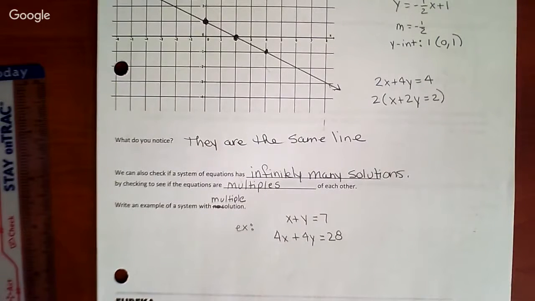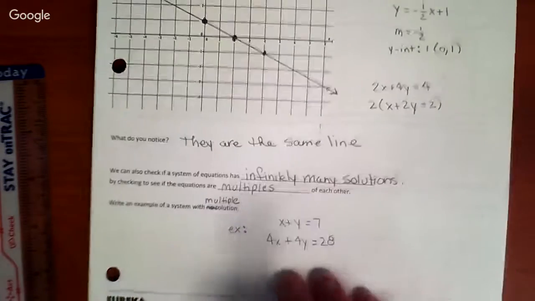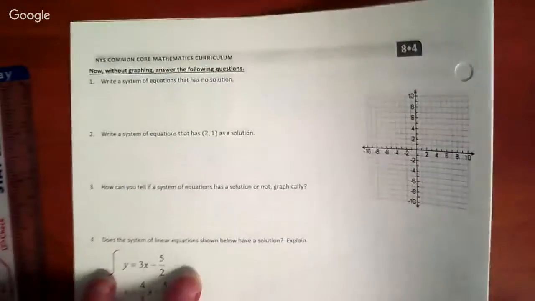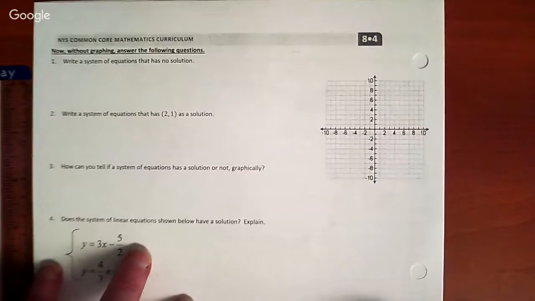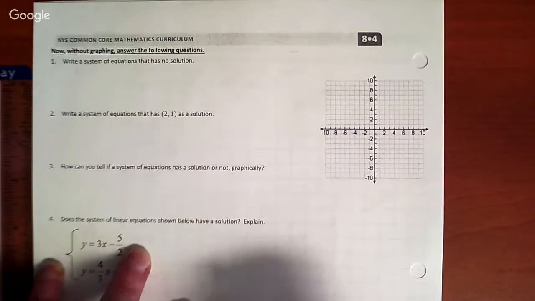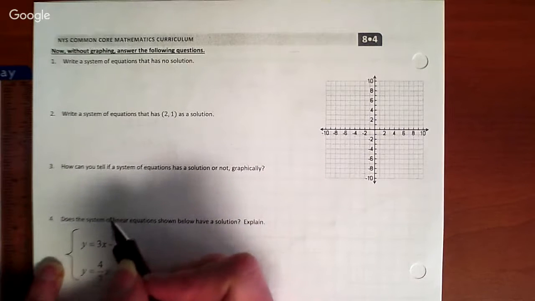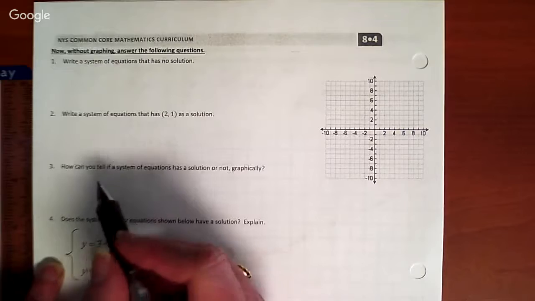Okay. So next. It says write a system of equations that has no solutions. So in other words, same slope and different y-intercept.